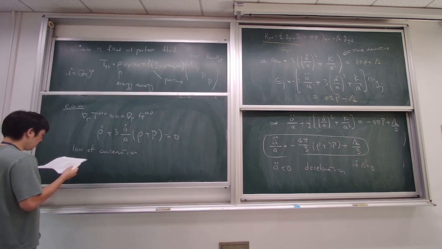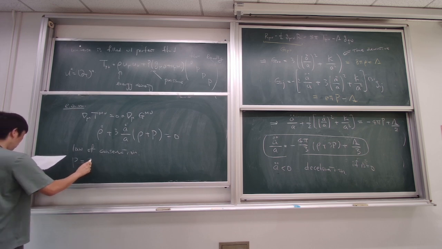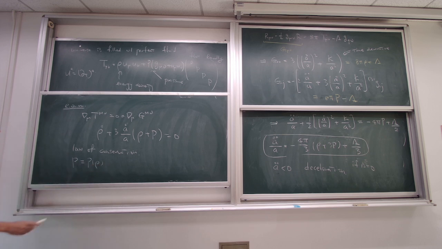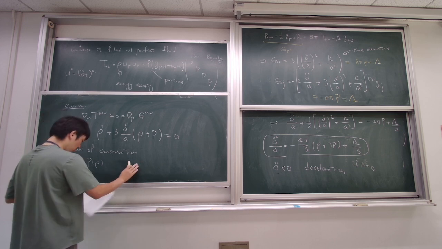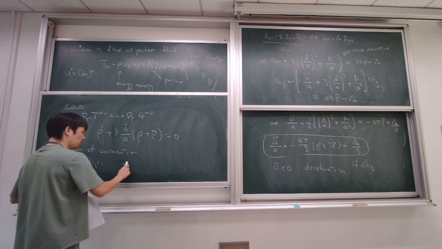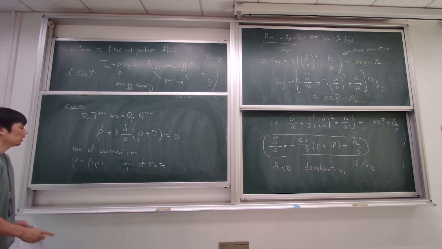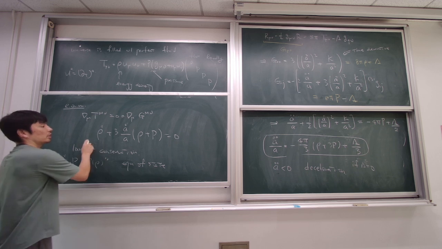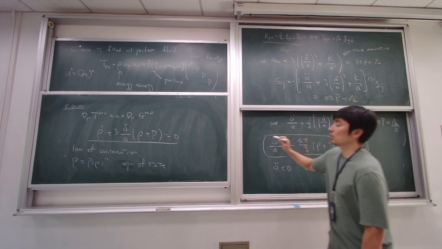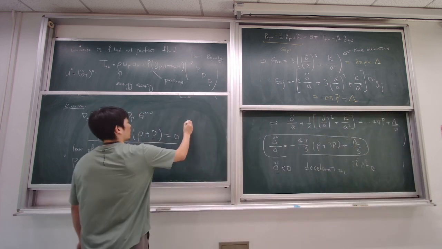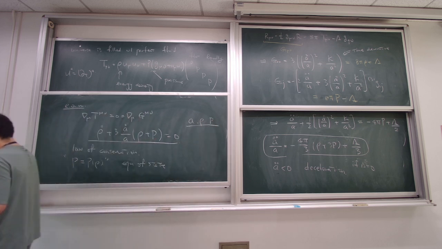When combined with the equation of state, P equal to P of rho, one can solve the equation. If you specify the equation of state, we have 3 equations for 3 unknowns, A, rho, and P, so one can solve the equations.